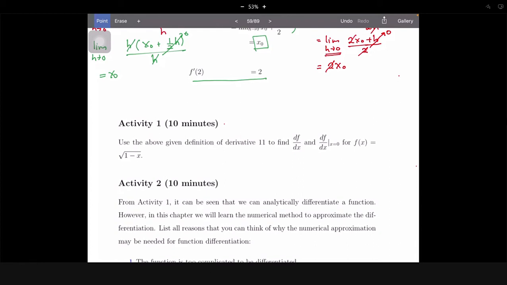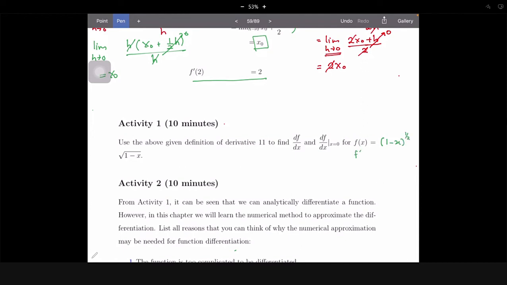Kalau direct, kita dah faham secara direct kan, dia akan dapat macam ni kan. f(x) kita boleh tulis sebagai 1 tolak x to the power of half.